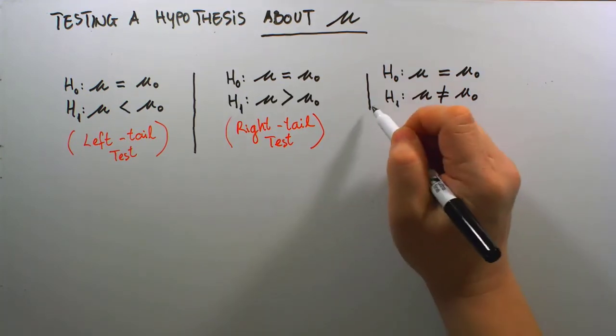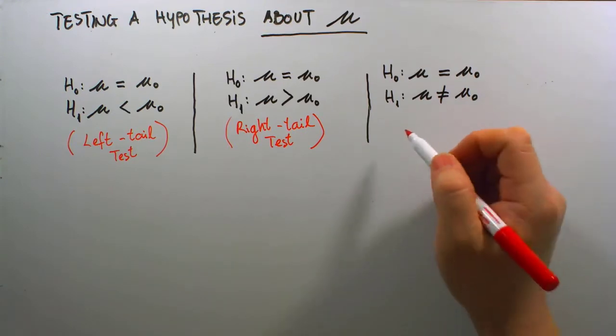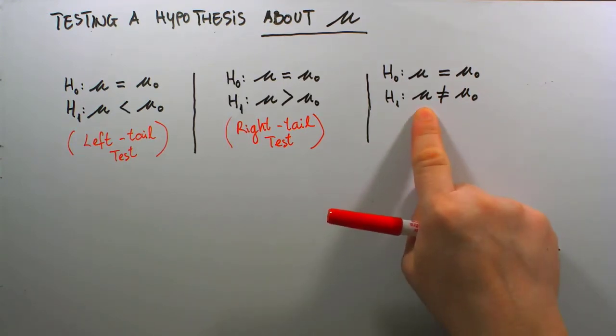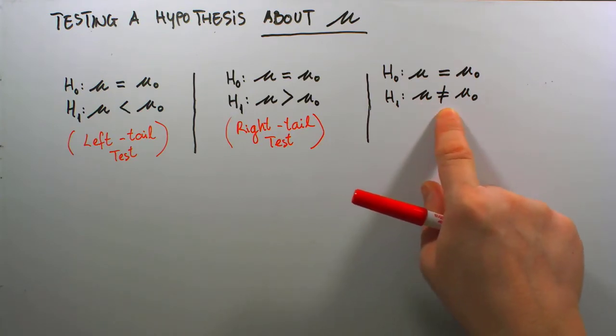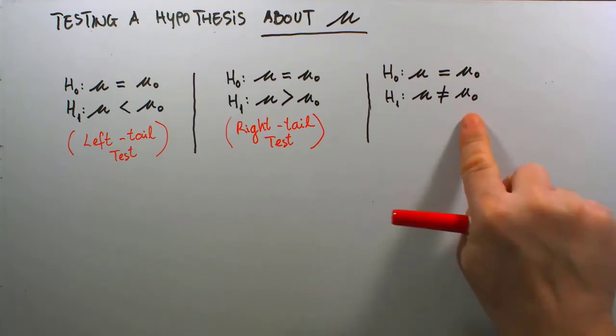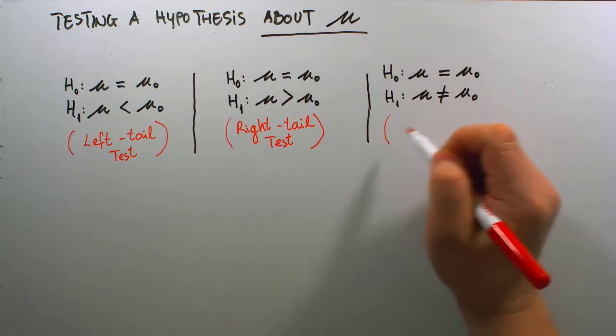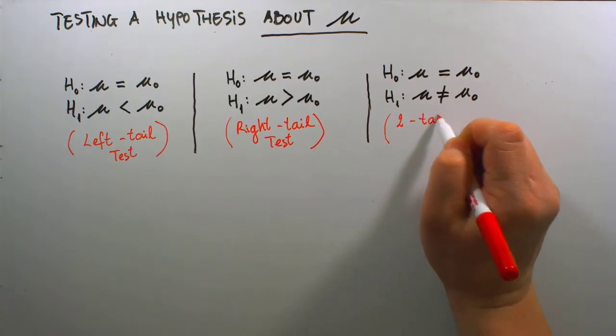And just like that, in other examples where the alternative hypothesis states that the population mean value is just generally other than the value being claimed in the null hypothesis, the test that we're performing is referred to as a two-tail test.